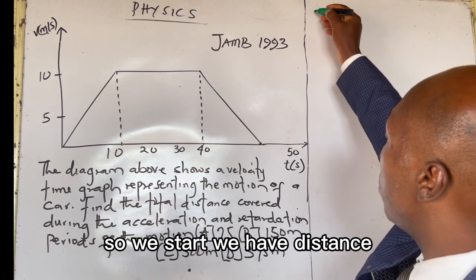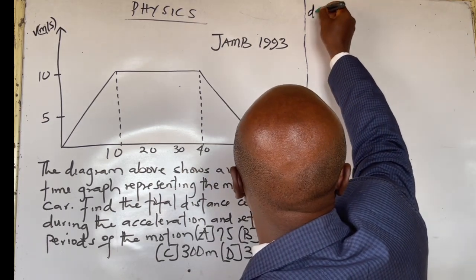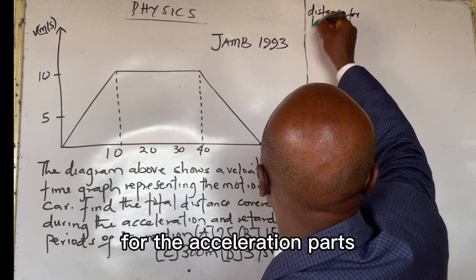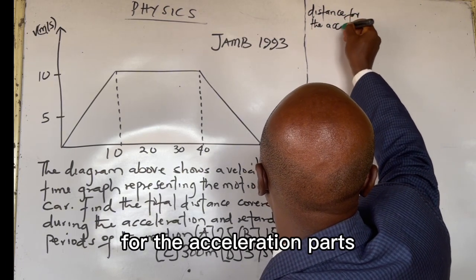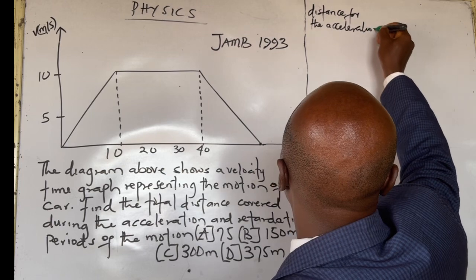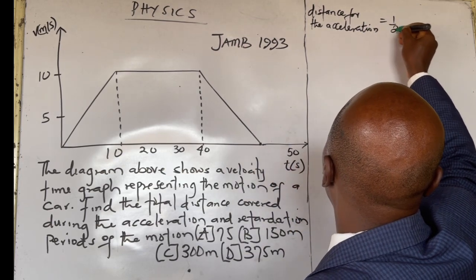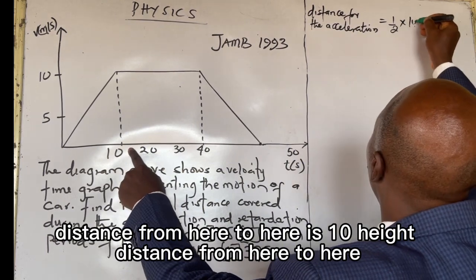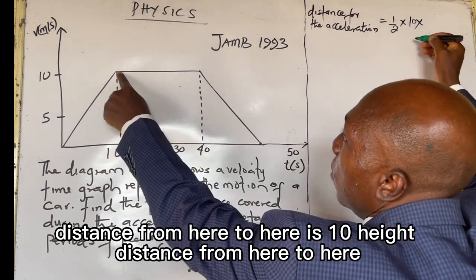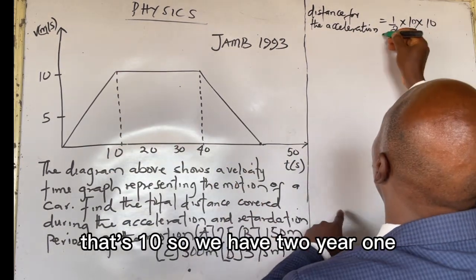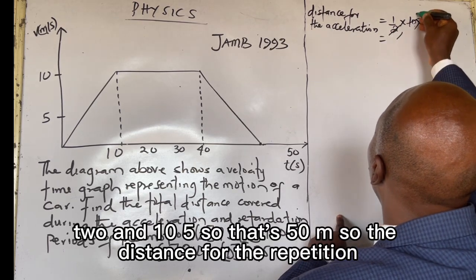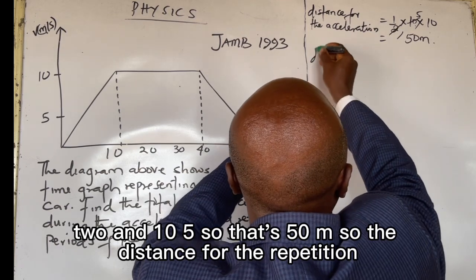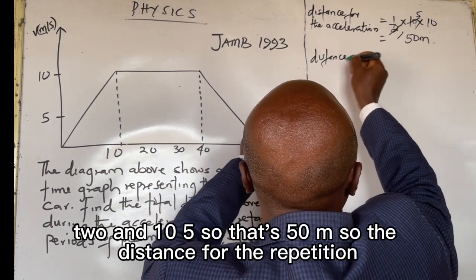We have distance for the acceleration part is half base times height. The base, from here to here, is 10. Height, from here to here, that's 10. So we have 2 here, 1, 2 in 10, 5. So that's 50 meters.